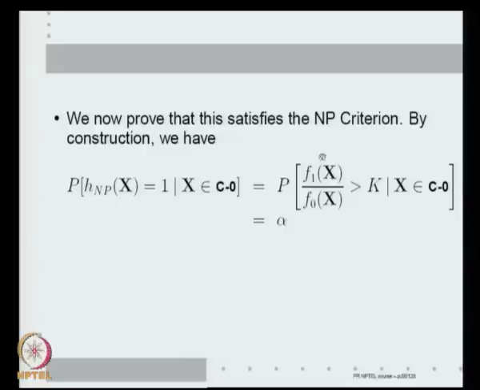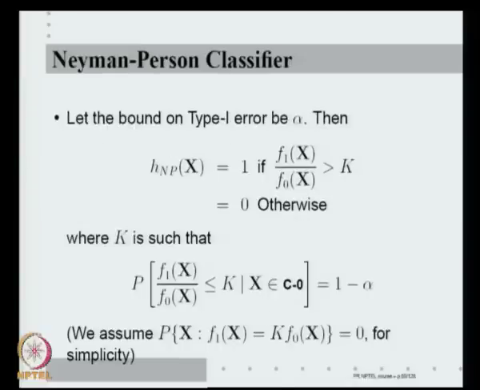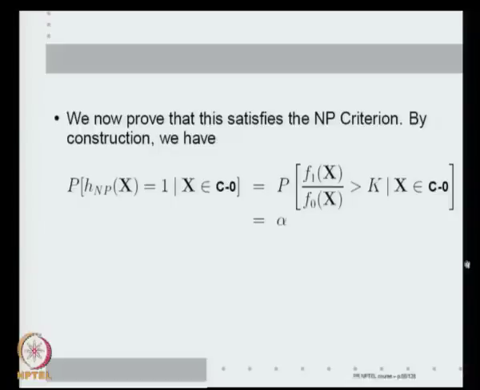The k in the Neyman-Pearson classifier is obtained by this equation, which ensures that the probability of f1 by f0 greater than k is equal to alpha. So, the probability of type 1 error by the Neyman-Pearson classifier is alpha, and it satisfies the first criterion.